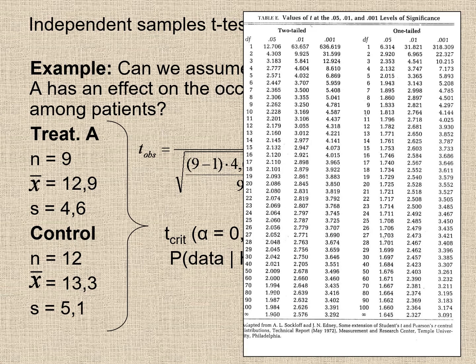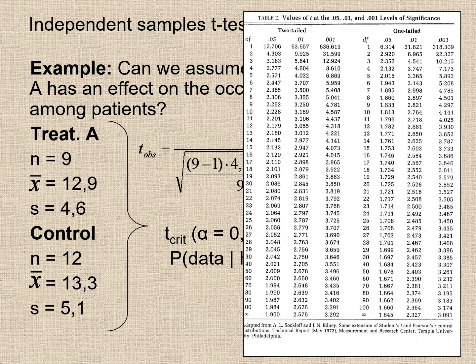Well, we can think like this. We have two samples. In one sample, we have the mean of 12.9 and in the other 13.3. And all together, we have 9 plus 12 observed values, so we have 21 observed values. How many of these 21 values are free to vary, given that the sample means have to be 12.9 and 13.3?